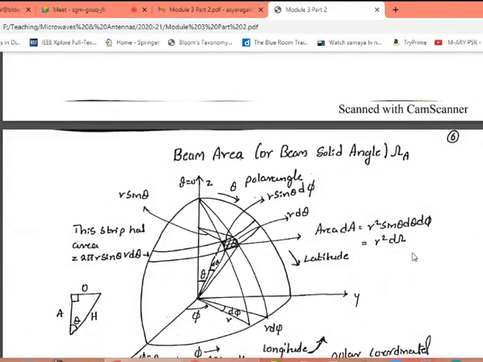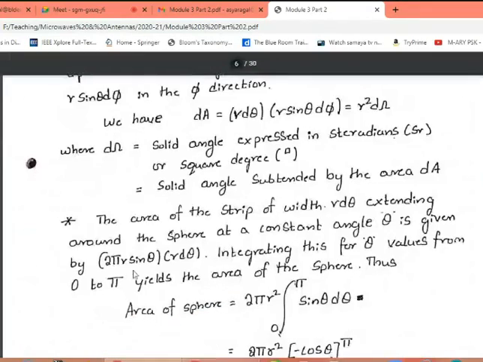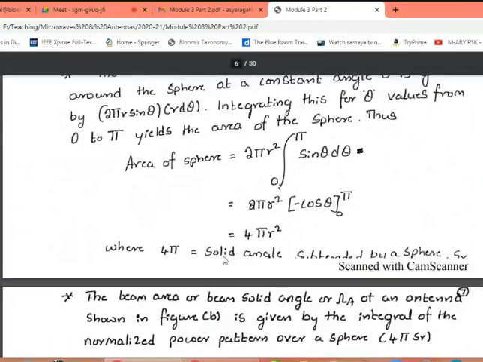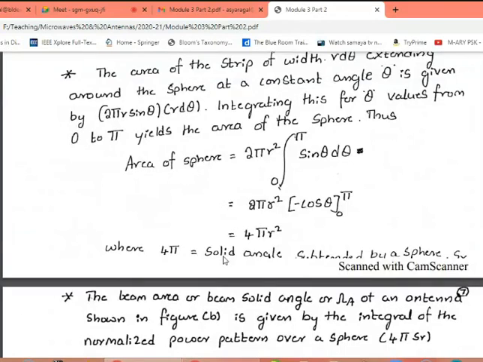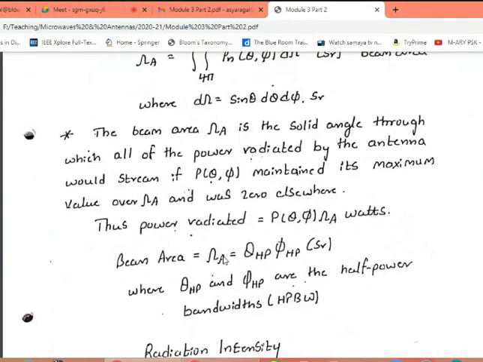Thereafter, we tried to understand the beam area, with certain definitions concerning it, and the beam area formulas. Beam area is the solid angle through which all of the power radiated by a particular antenna would stream out if the power is maintained at its maximum value over the beam area and is equal to 0 elsewhere. That is the definition of the beam area.